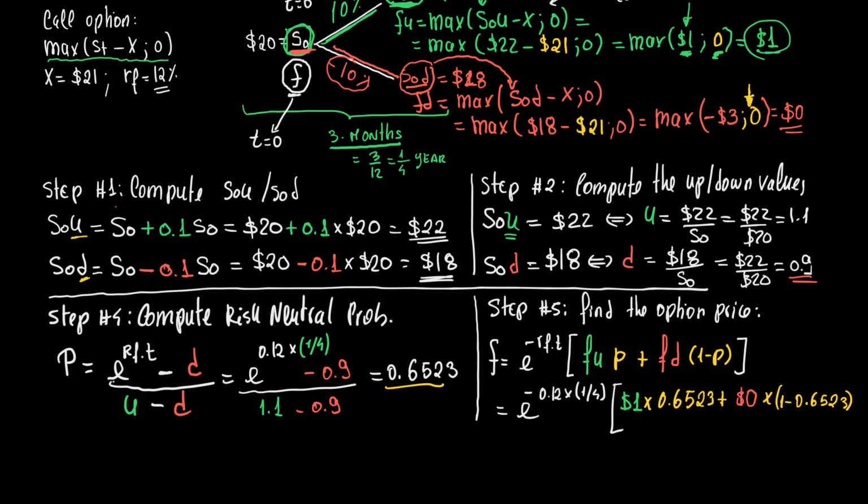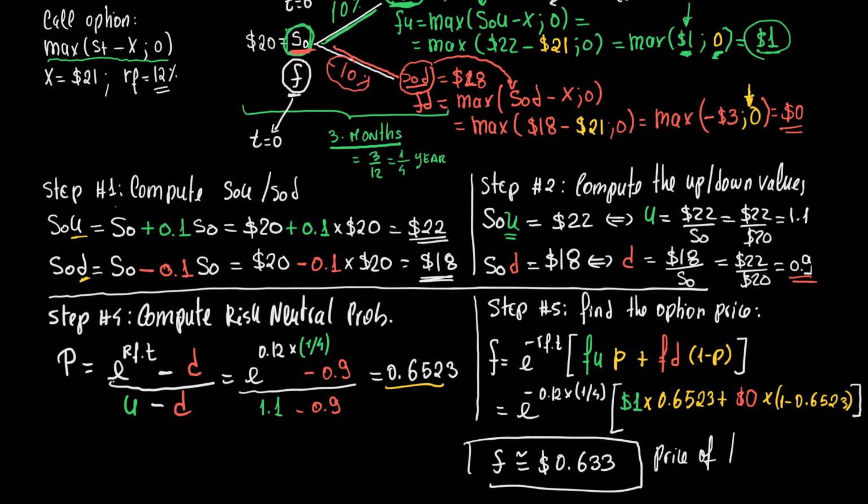If you do all of these calculations, you should find that the price of the option is approximately $0.633. So this is the price of the option.